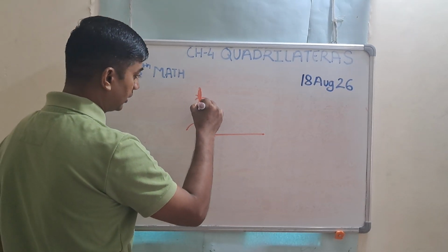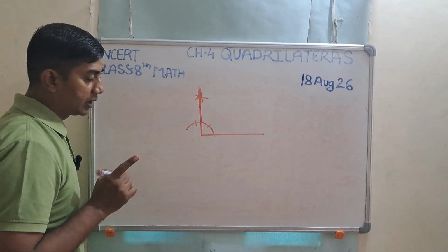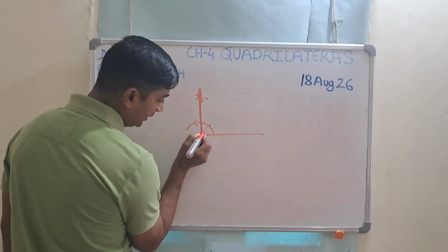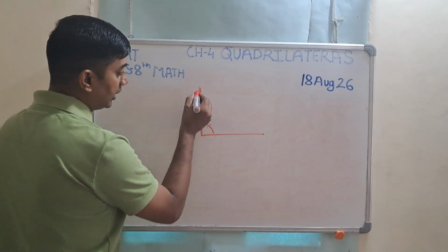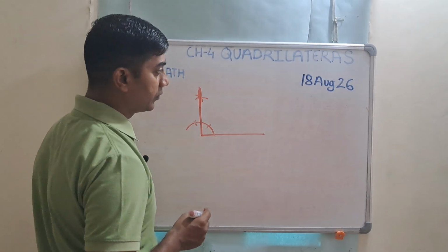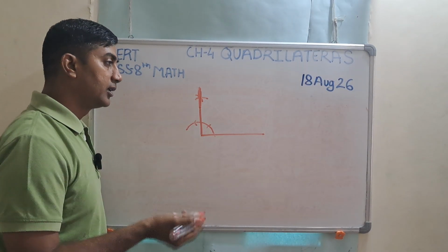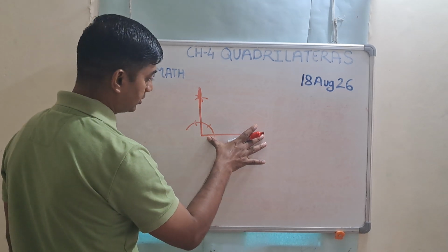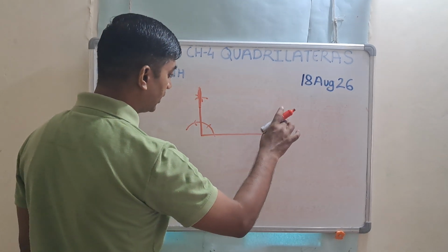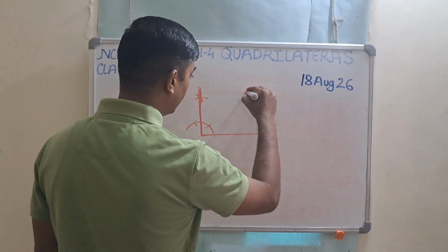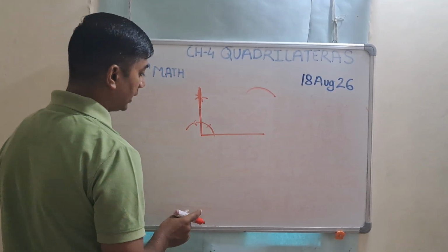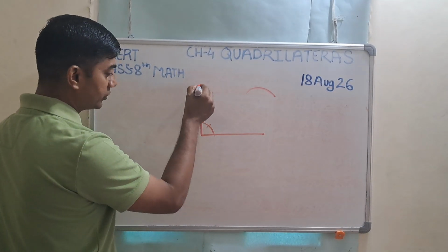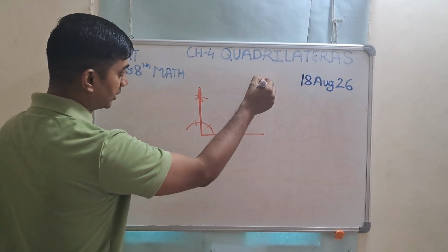Understood? Now you have drawn a figure. One angle is 90 degrees, and two sides are equal. Now we have to draw the other two sides also. Take this as a radius and make an arc, and take this as a radius and using this as an endpoint make a mark.